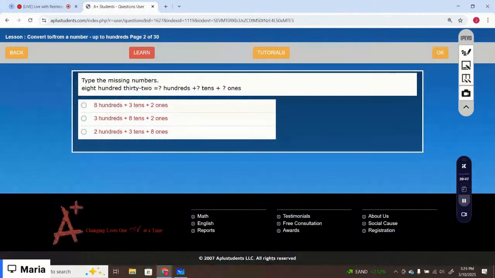Type the missing number 832. That is 800, 3 tens and 2 ones. Option number 1 is the correct option.